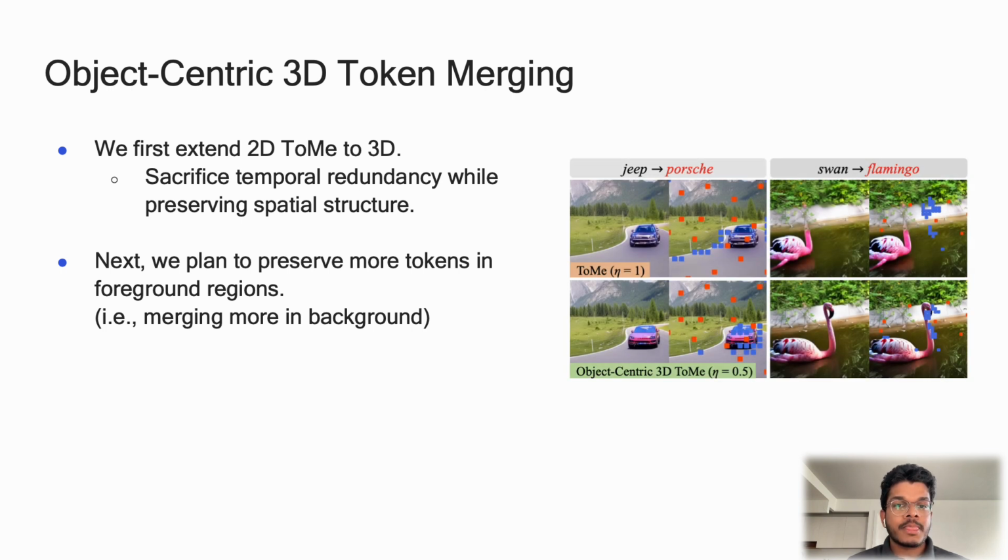Here on the top row, we show standard token merging, and with red and blue tokens, we show the tokens that get preserved after merging. And if you look at the bottom row, in object-centric token merging, more of the blue tokens are constrained or localized on foreground regions or edit regions, and by doing so, we preserve the edit quality.